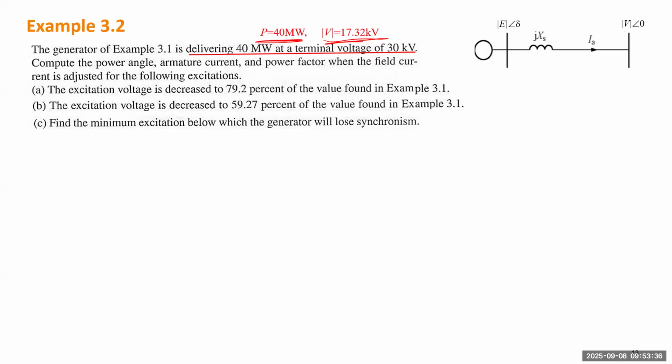We want to calculate the excitation voltage for a power factor of, A, the excitation voltage to be 79.2% of the value from the previous example. And B, we further reduce the excitation voltage to just 59% of the value. And finally, we want to find the minimal E, the smallest E, before the generator will lose synchronism or stability.